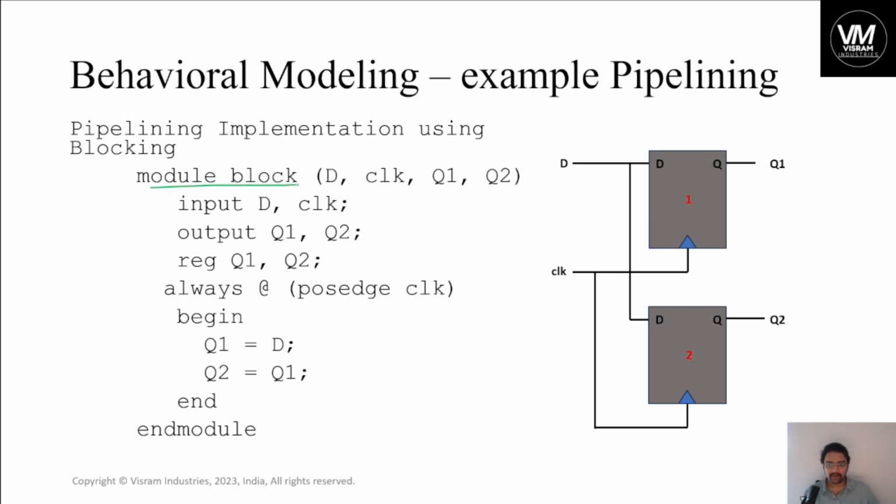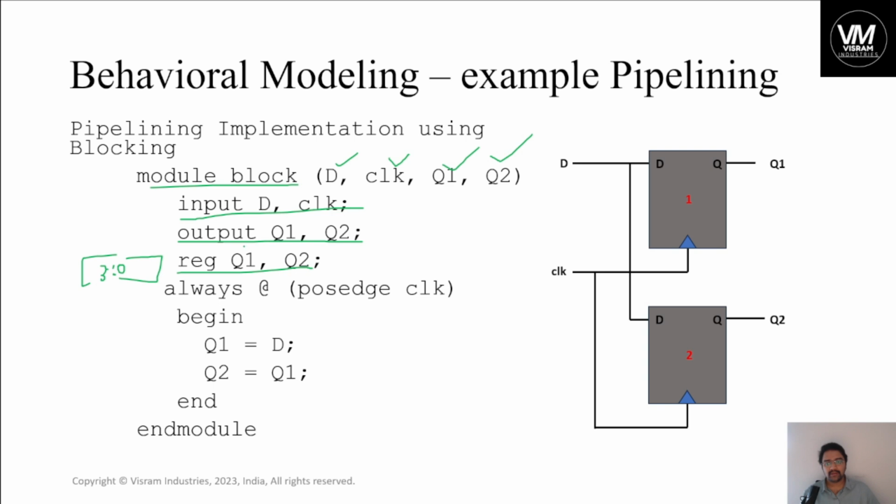Understand the module block. I'm mentioning the name as block, inputs D and clock, and outputs Q1 and Q2, registers Q1 and Q2. Why don't we mention square brackets and the size of the outputs?